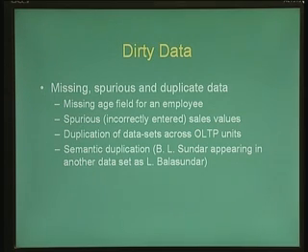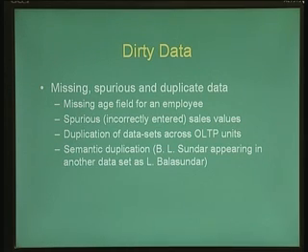And duplication appearing in different forms. For example, take a look at the last example. A person called L. Balasundar would have bought a ticket in one reservation center, citing his name as L. Balasundar.